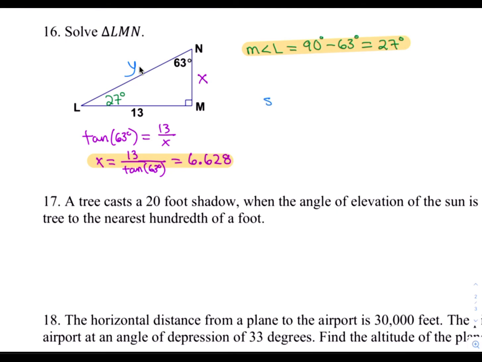So we can say that the sine of 63 degrees is equal to opposite over hypotenuse, which is 13 over Y. And so Y is going to be 13 divided by the sine of 63 degrees. We put that in our calculator, and so Y is going to be 14.590. All right, we found all the missing sides and angles, so number 16 is done.